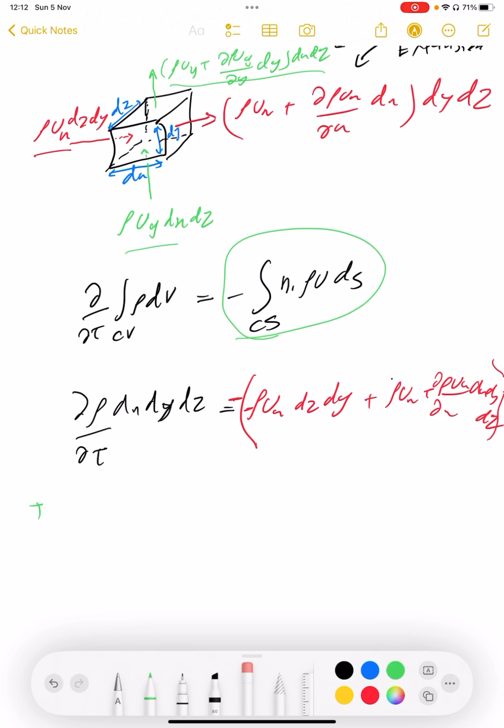So that would be rho uy dx dz, that has a negative sign, and the other one has rho uy plus rho uy dy dx dz.